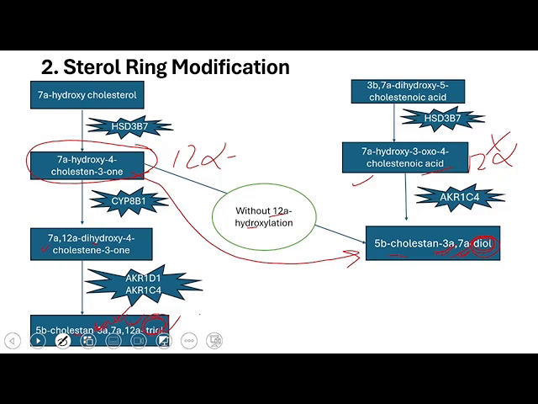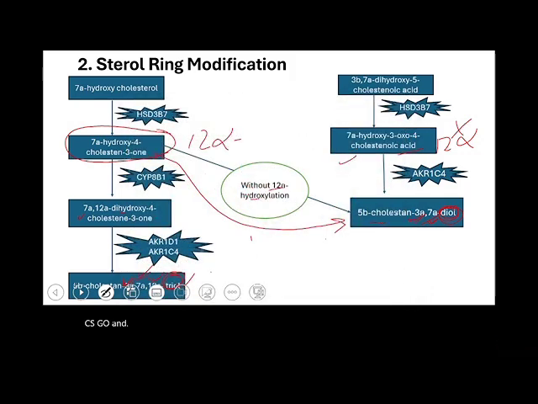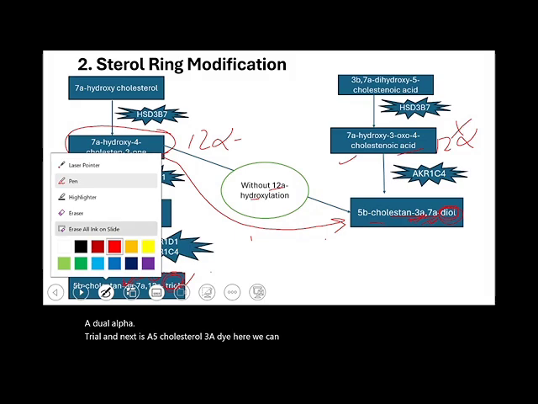Otherwise it is the same as 5 beta cholestane 3 alpha 7 alpha 12 alpha triol, and next is 5 beta cholestane 3 alpha 7 alpha diol. Here we can see.